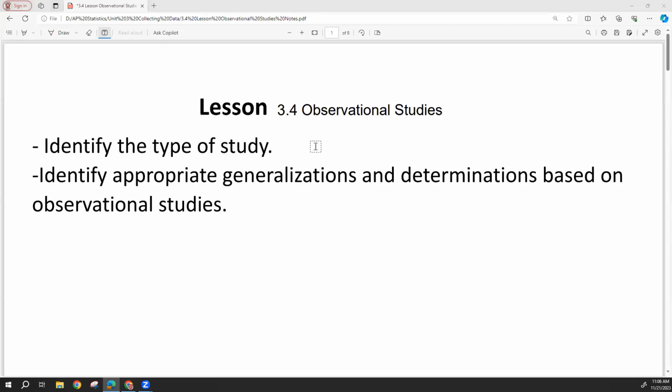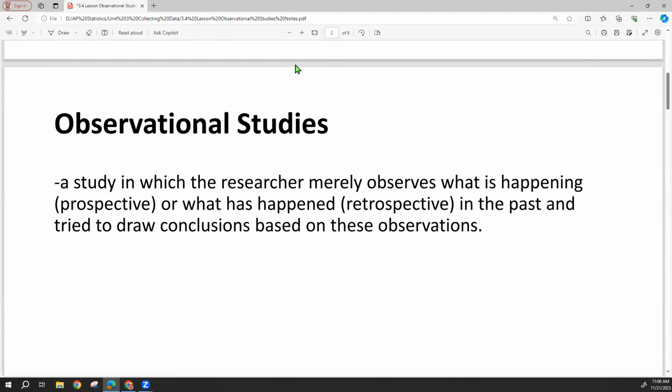Today we're going to talk about another method for data collection, and that method is called observational studies. What you might guess from the word observational is that this is something we are going to observe.